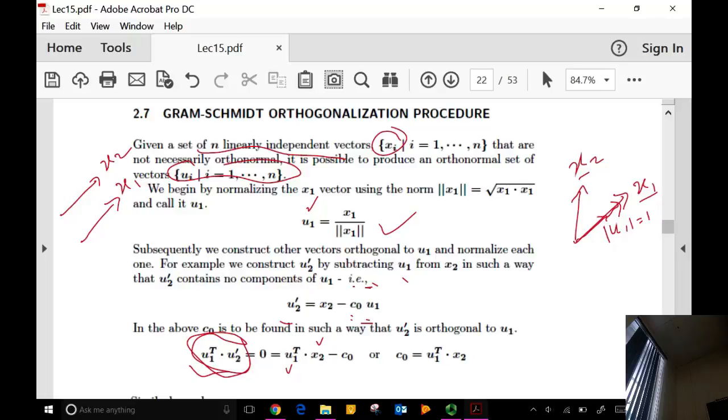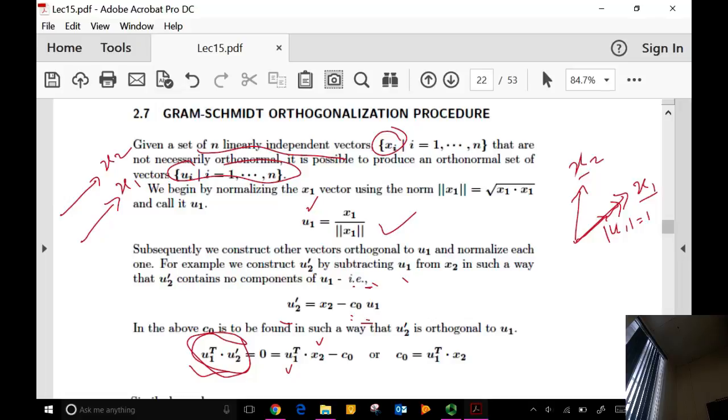This minus this is this vector. That vector is not perpendicular to x1, but I can stretch it. By changing the value of C0, I can stretch it until I subtract enough of it so that this becomes perpendicular. So that is the U2 prime, right? The one that you are showing with your pen. Yeah, that is U2 prime. So U2 prime is always perpendicular to U1. Yes. That's what I was asking. Yeah, I want to make it perpendicular.